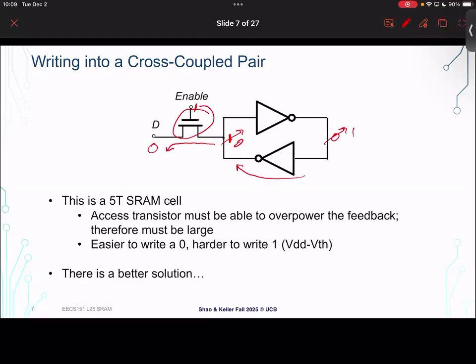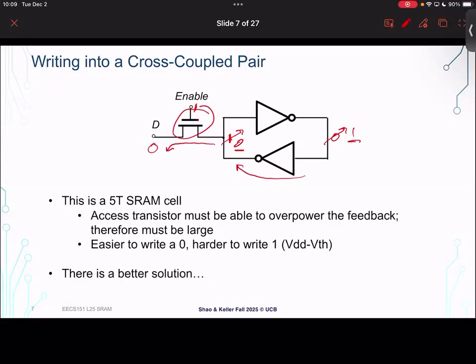So let's finish thinking about this. Now, let's say we have a 0 now in this left node and a 1 in the right node. Now we want to write a 1 into this cell. Recall that NMOS are really good at pulling down. That's why we use them in the pull down network. But NMOS are really crummy at pulling up.